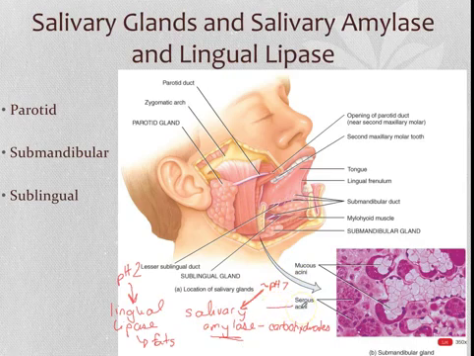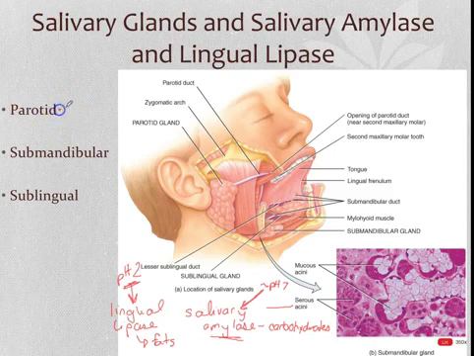It's not completely neutral, but it's fairly close. Lingual lipase will not work. It will not start breaking down fats until the food enters your stomach where you have an acidic pH of around 2.